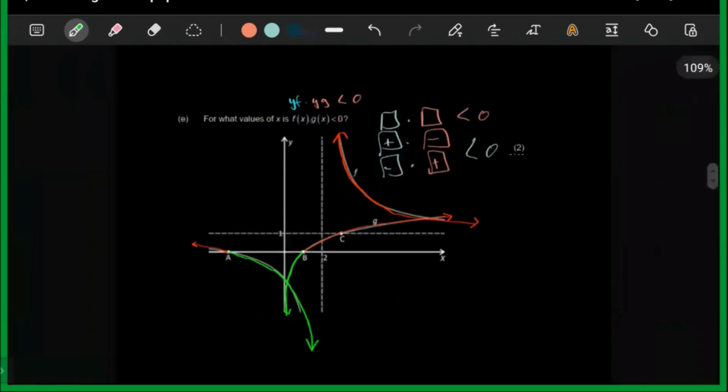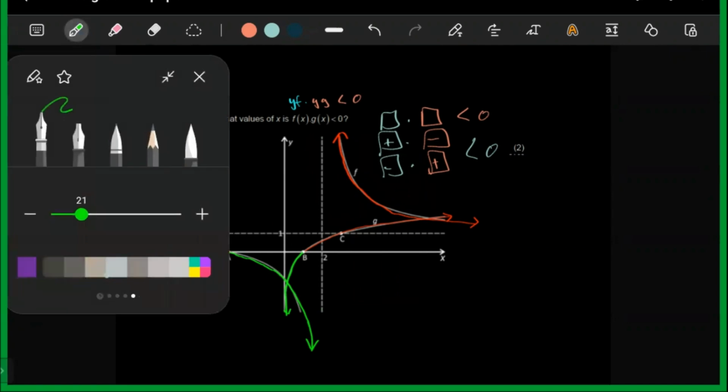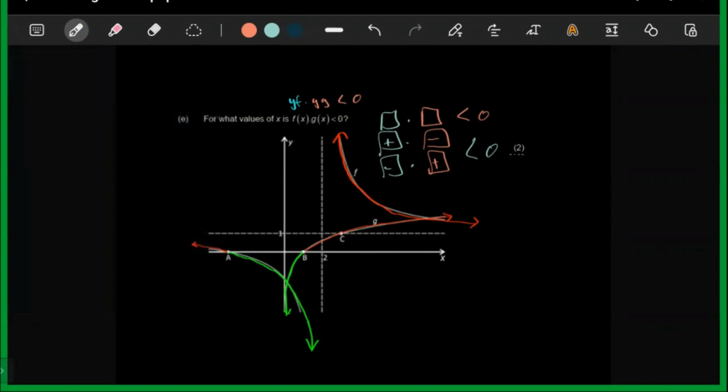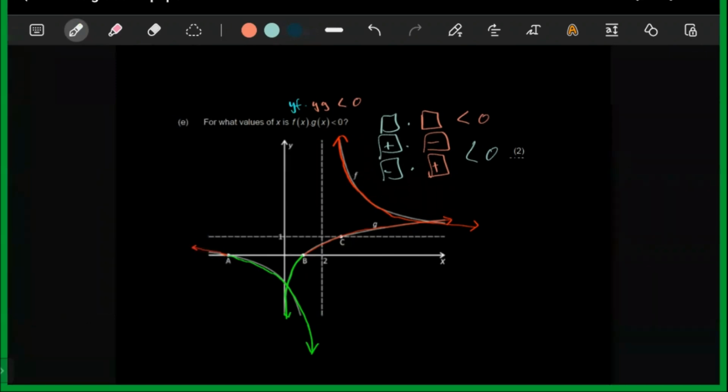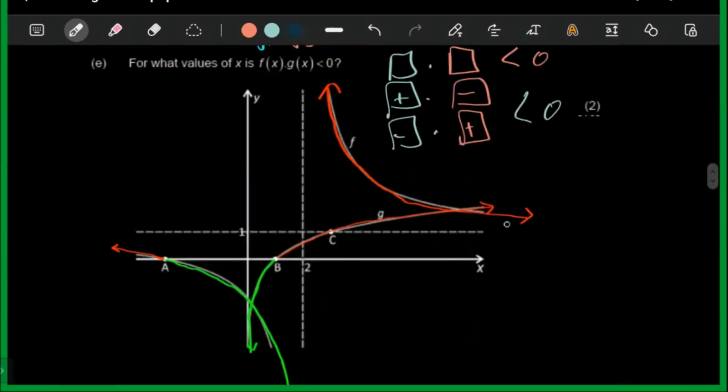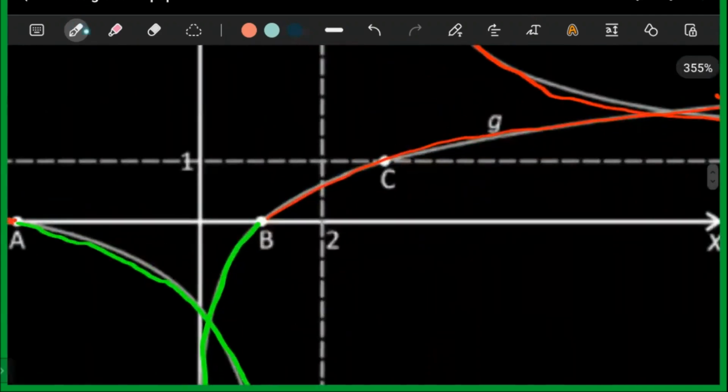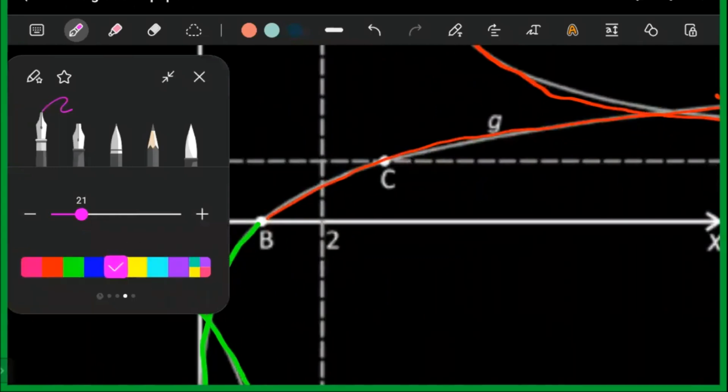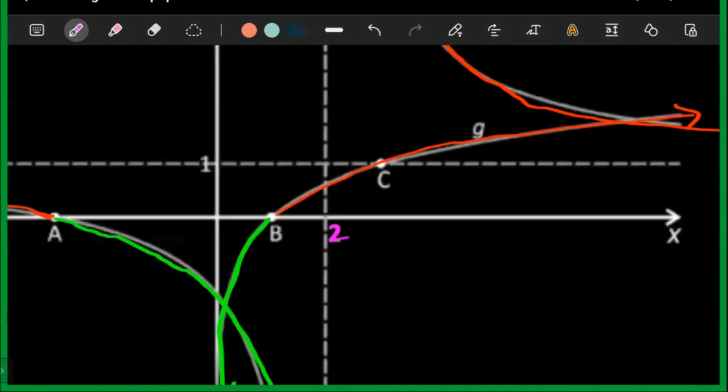All you need now is to scan your sketch from the left side going to the right side, and look for places where one graph has positive y values while the other has negative, and vice versa. This doesn't count because they both have positive y values here, all the way until your asymptote, where the x value is 2.